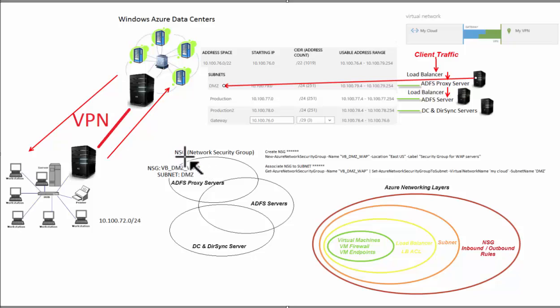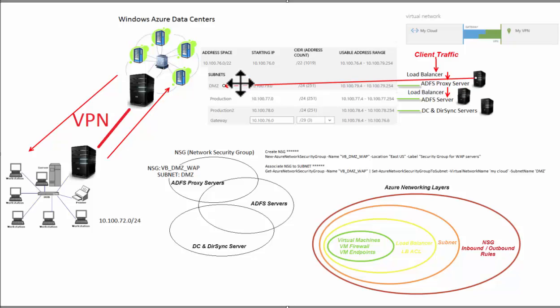When we create NSGs, we have to associate the NSG to a subnet, and it's pretty much a 1-to-1 ratio. As an example, we can have multiple virtual machines that are members of a subnet, but when we create our NSG, it can only be associated with one subnet. So these things are connected at the hip one way or the other.